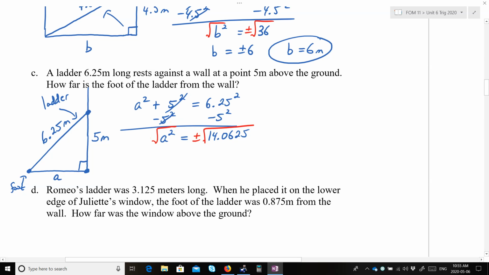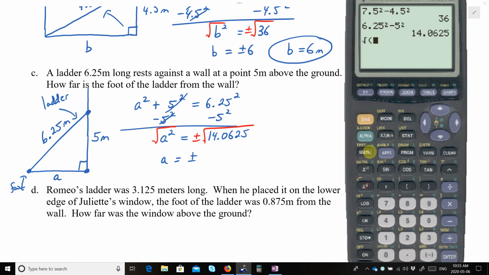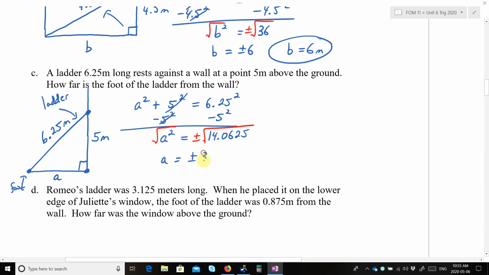Square root, plus or minus. So a is equal to plus or minus 3.75. A is equal to 3.75 meters. And again, we'll reject the negative answer. Okay, and 2C in the answer key is 3.75.